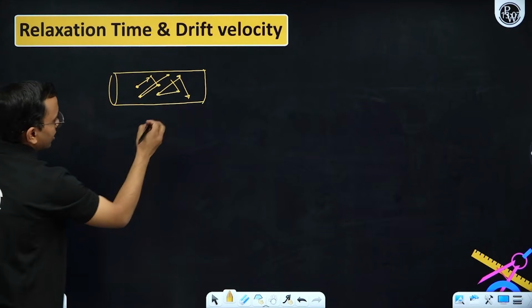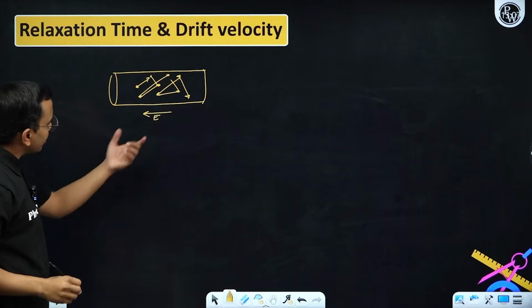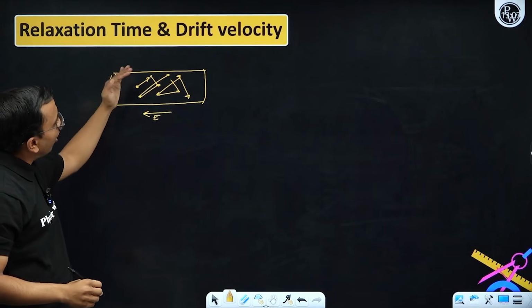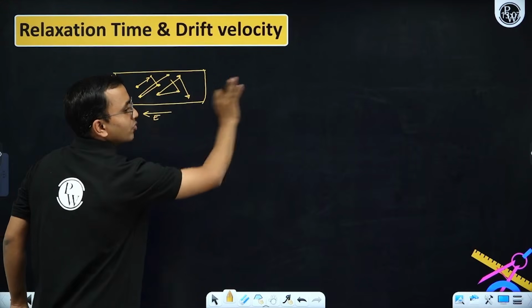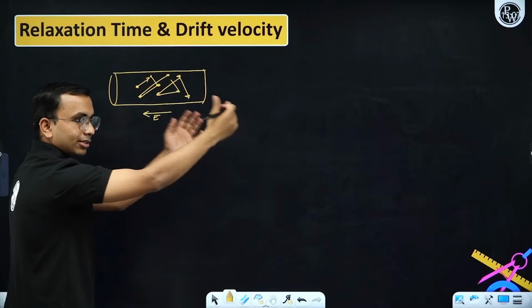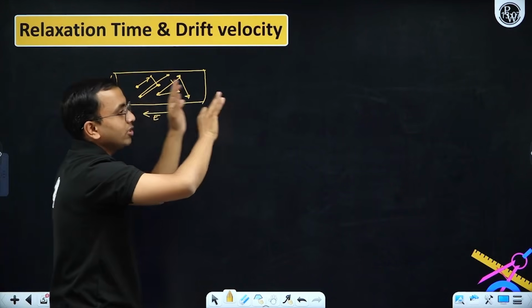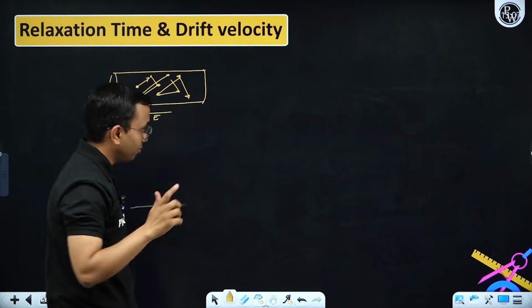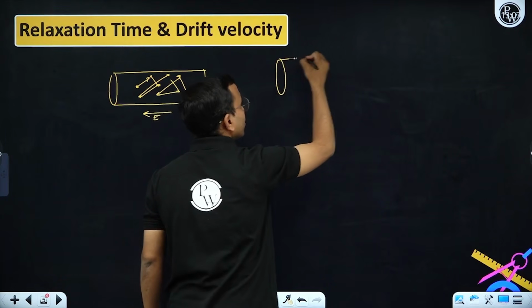Here I am saying that the electric field is in this direction. So on an average, the electron is moving towards the right. It is colliding, coming back, then again colliding, moving randomly, but on an average it is moving towards the right when the electric field is there.